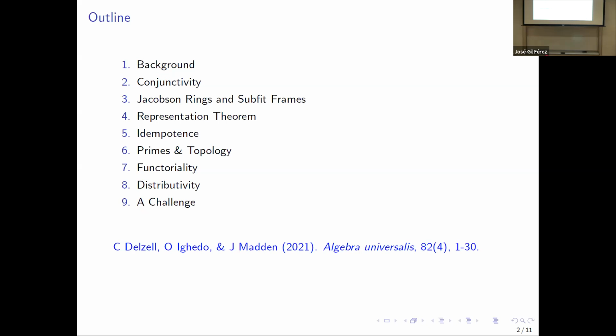I'll talk about the representation theorem that we have for these objects, and some properties of it, including its functoriality, which is kind of sketchy. We worked hard and for a long time to try to make the symbolism work properly. We haven't actually applied anything here, but it appears to work in a nice way.